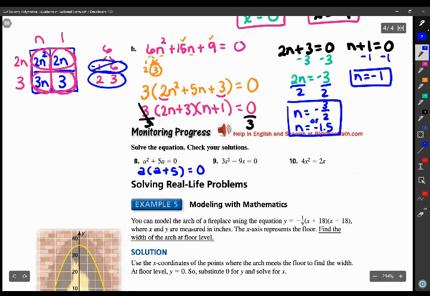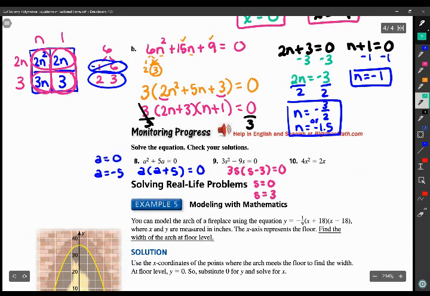So you should be getting on number 8, you should get a is equal to 0 and a is equal to -5. On 9, you should have taken out a 3s as your first step and got s minus 3 equals 0. So that when you set them equal to 0, you should have s is equal to 0 and s is equal to 3.